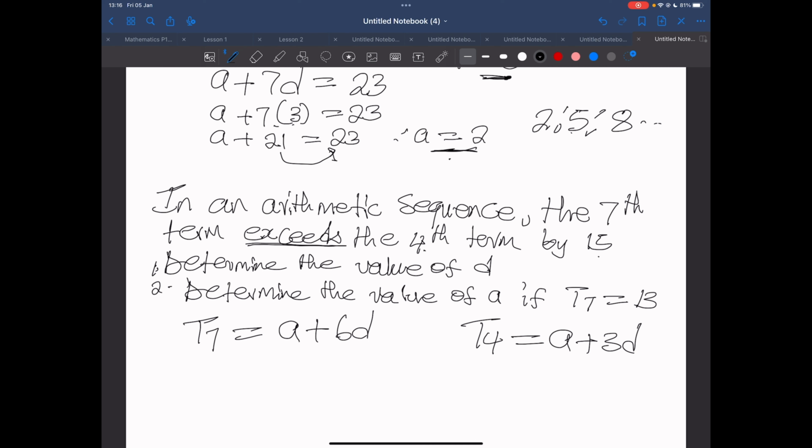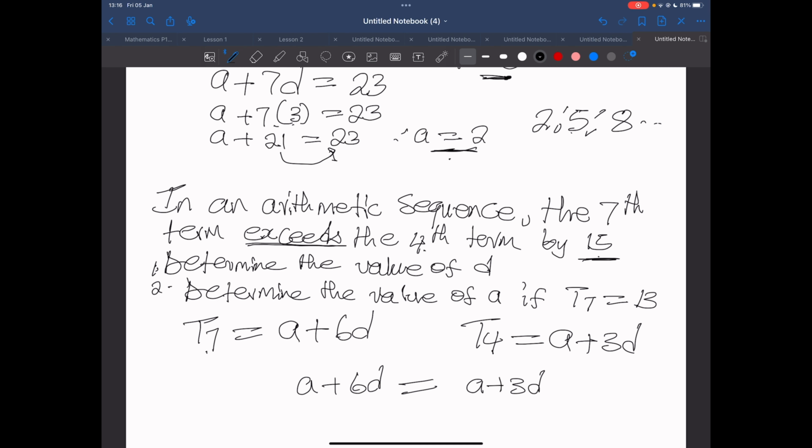So in other words, term number 7 is bigger than term number 4 by a margin of 15. So in maths, when we do sequences and series like this, we don't want to be dealing with greater than. We want to be dealing with equals. So we want to equate the two. So we will say a plus 6d, which is the seventh term, we want it to be equal to a plus 3d, which is the fourth term. But we know that they're not equal.